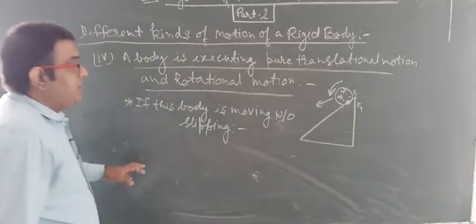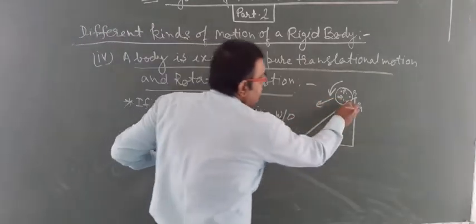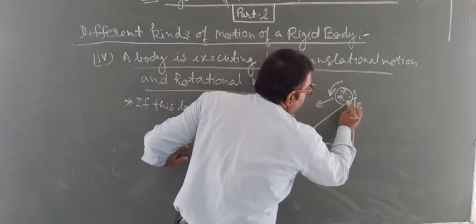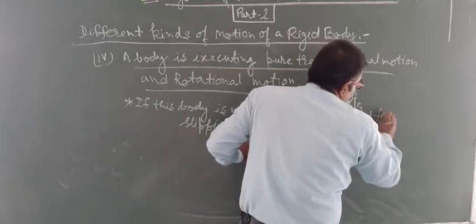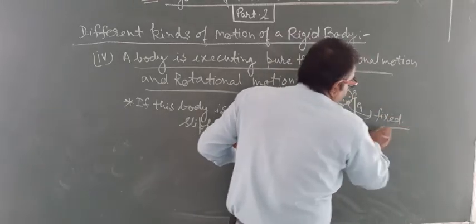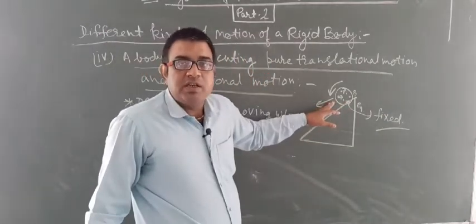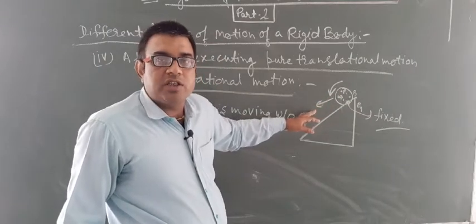But if this body slips, slipping means this point is fixed. This is the P4 point, and this point is the fixed point. The other points are moving with different velocities.